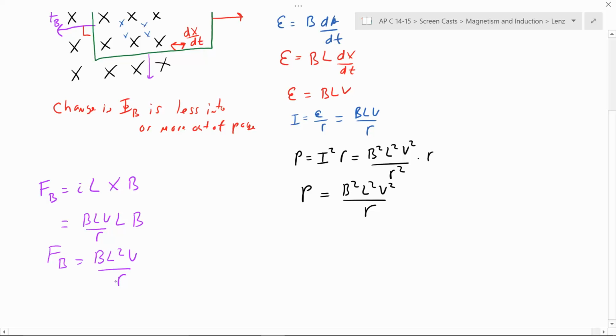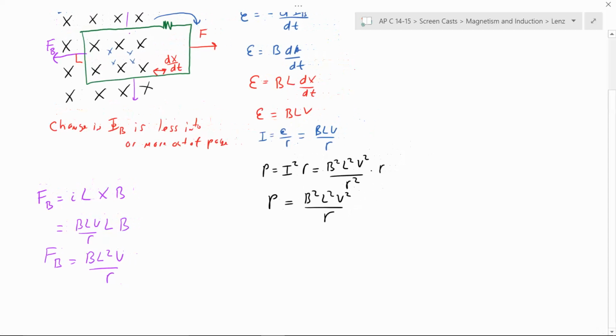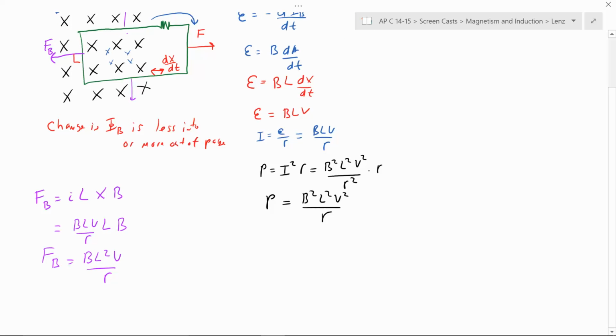Now, one of the things I love about physics is, things balance. There's checks. You can look at it different ways. So what if I wanted to look at how much energy the person is expending pulling this? What force are they applying? One definition of power, one that doesn't get used as often, is force times velocity. So if you want to know the force, you can take the power divided by the velocity.